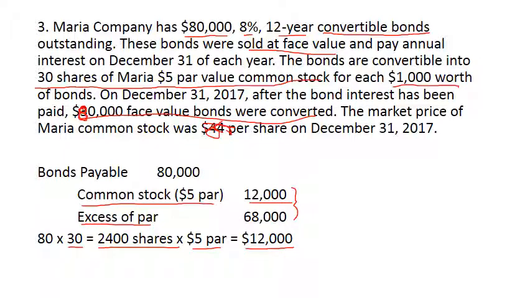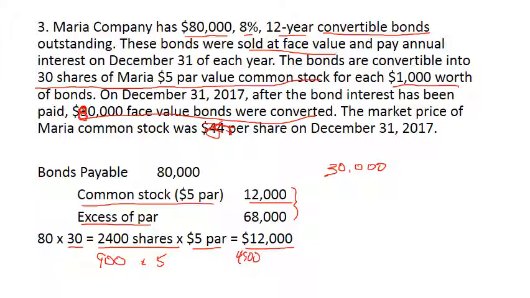Now, if I had read the problem correctly and we were only converting $30,000 of bonds, this would have been 30 times 30. So 30 times 30 would have been 900 shares of stock times 5. So that would be 4,500.